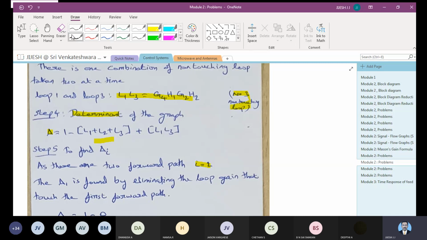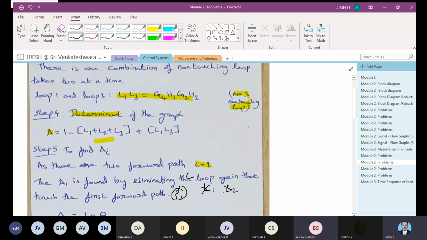So here you should take path P1. The loops that touch P1, you should eliminate. How many loops are possible? Will L1 touch? Yes, sir. L2 will touch?